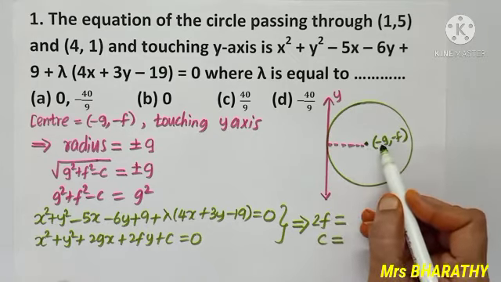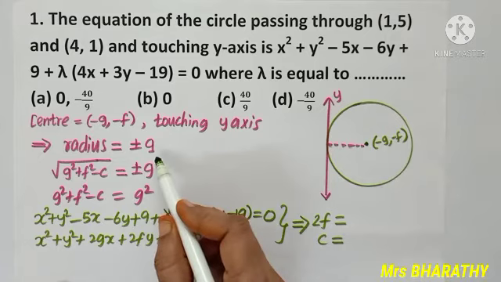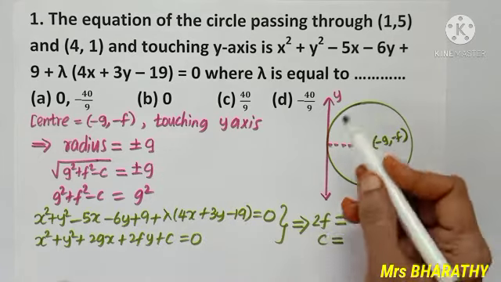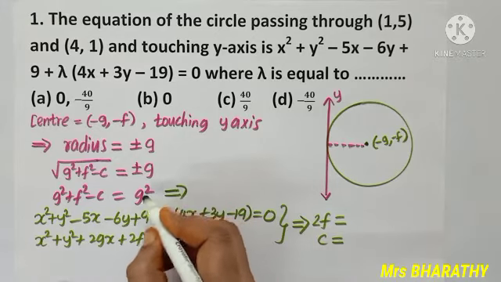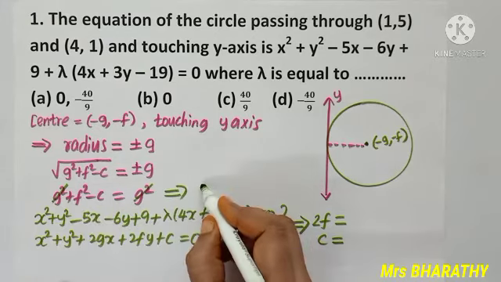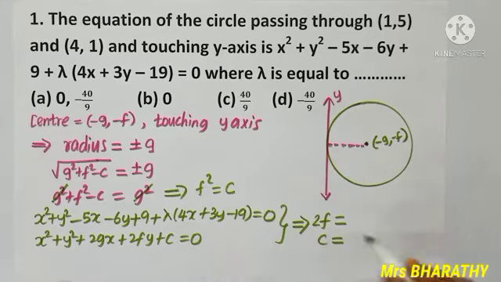So I can treat it as plus or minus g, depending on the position of the circle. But we know the radius of the circle is root of g square plus f square minus c. Comparing these two, as I square, I get g square cancelling, f square equals c.